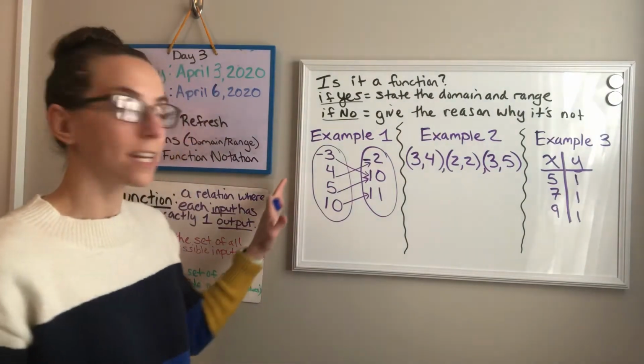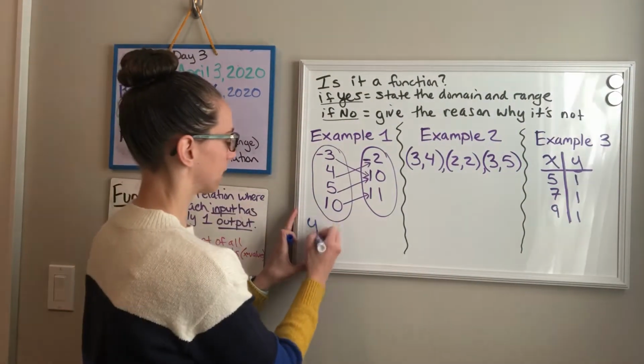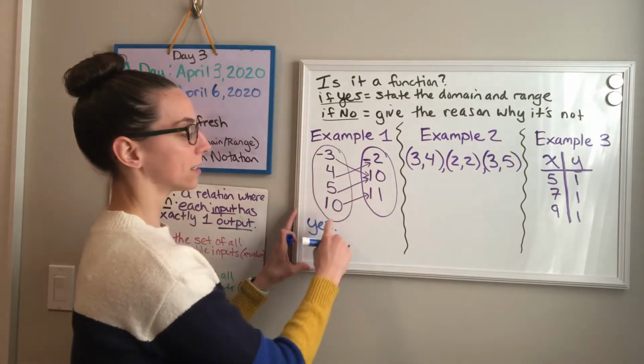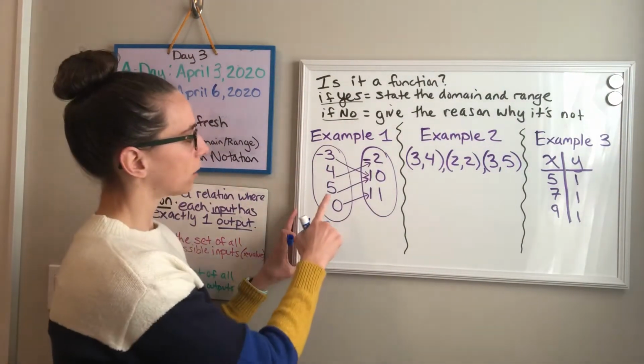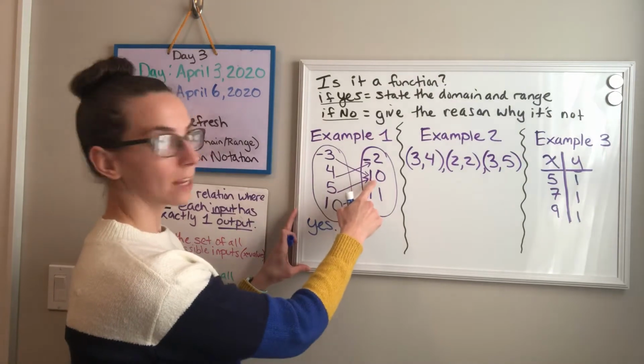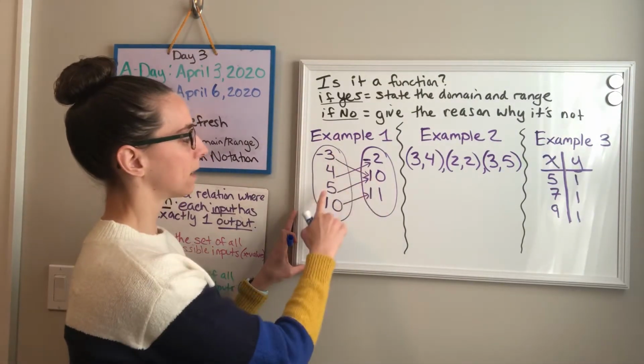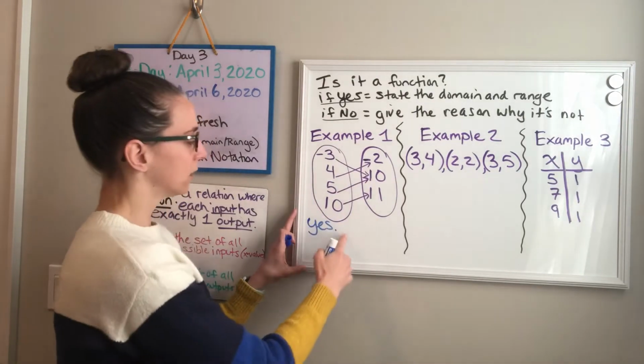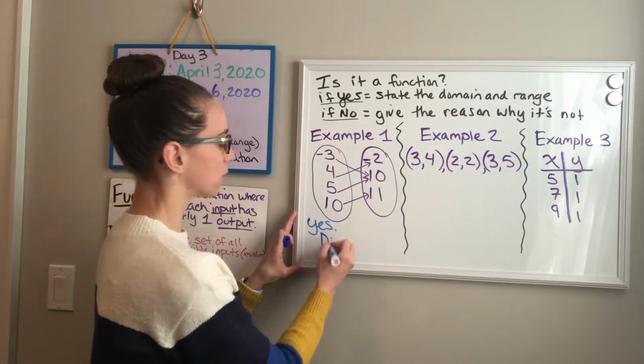So in class, we talked about a lot of examples like this. This one is an example of a function. So yes, it is. And that's because each of my inputs only has one output. It is totally fine that 10, the output 10, has -3 as an input and 5. Remember, 2 students can be the same age at the same time. So since it is, we're going to make a list of our domain.